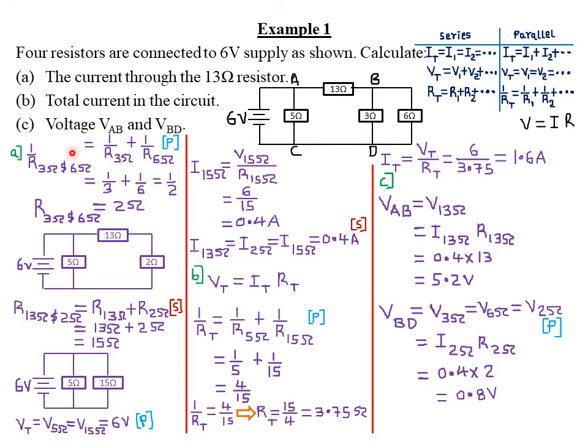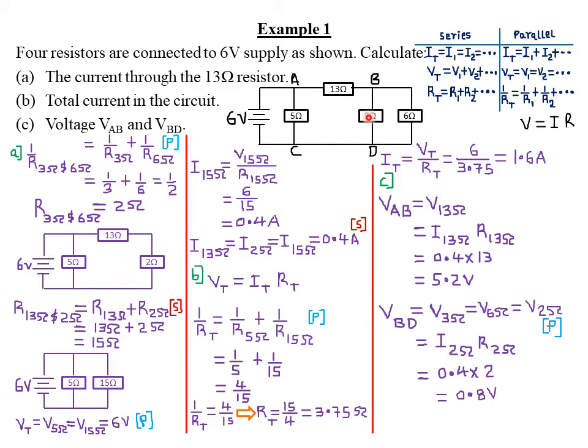Remember here, when we combined the 3 and the 6 ohm resistors, it gave us an effective or total resistance of 2 ohms. So actually the 2 ohm resistor is the combination of the 3 and 6 ohm resistors. And because the 3 and 6 ohm resistors were in parallel connection, we know that for any parallel connection, the voltage entering a junction must be equal to the voltage drop across each component.